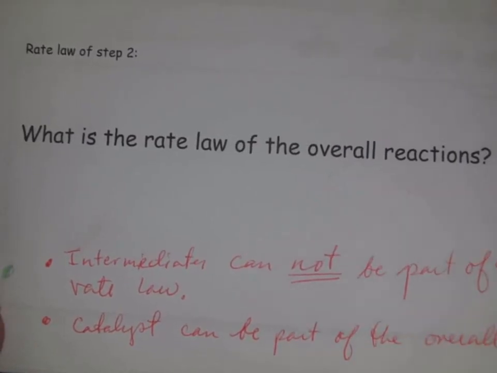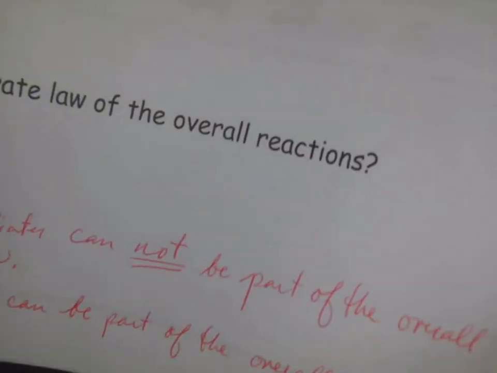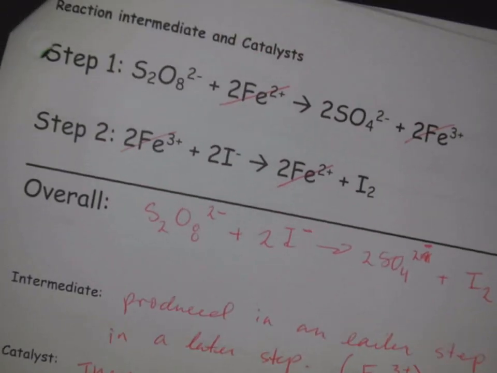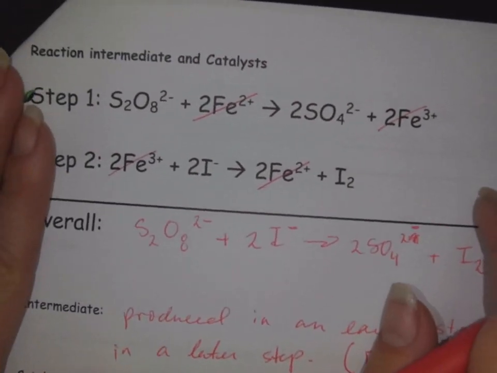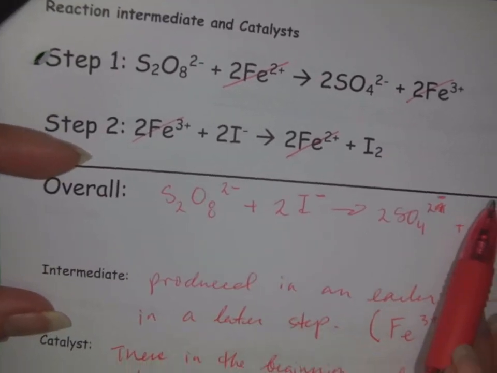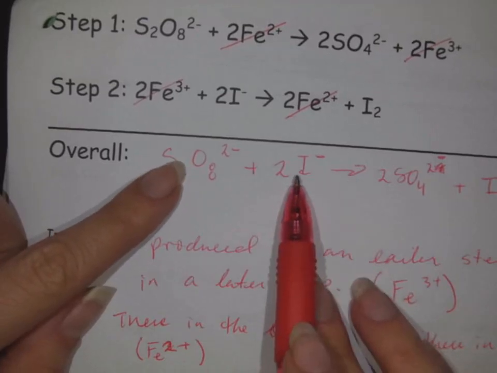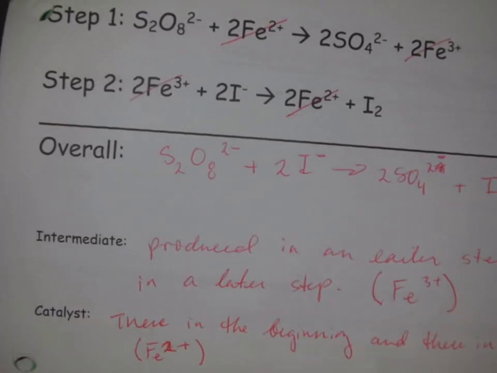Okay, catalysts can be part of the overall rate law. All right, here's another cool thing. When we were doing rate laws, let's write this down. Here's my overall reaction. Remember how reactants are the only items that we put concentrations for in a rate law.